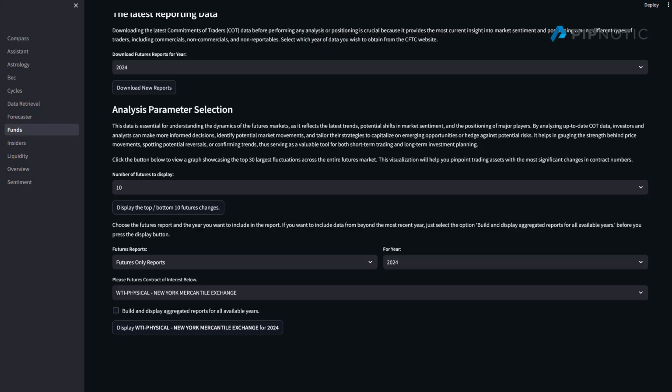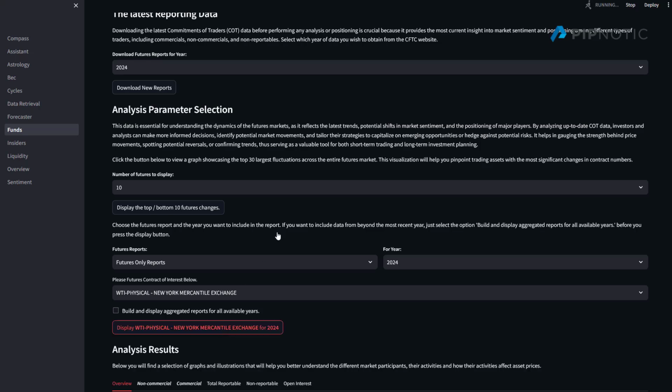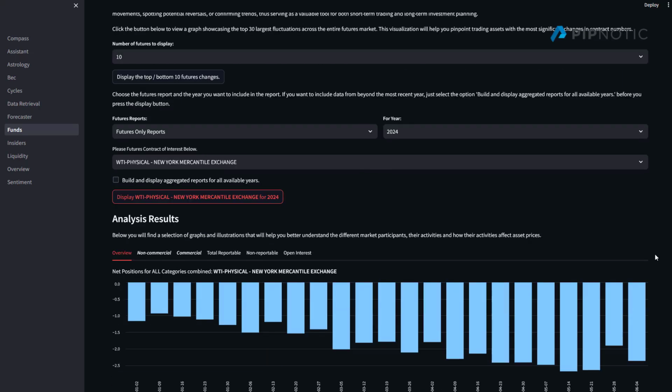Okay, so what's going on is the data from the COT database is being downloaded, and then this software goes through, reads all the stuff, extracts all the interesting stuff, and chucks it into something called a data frame.